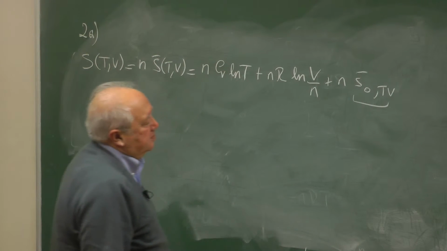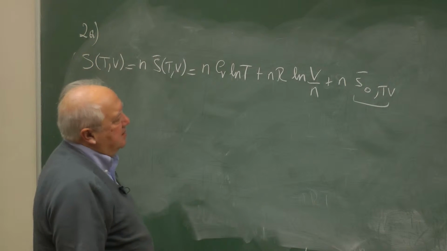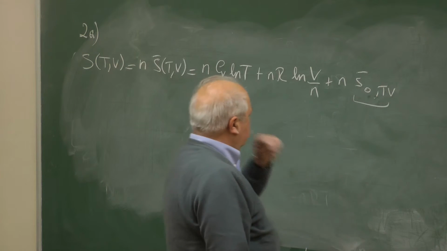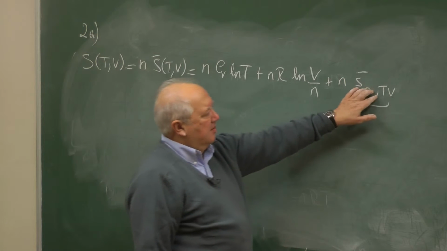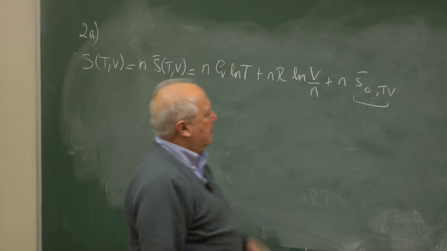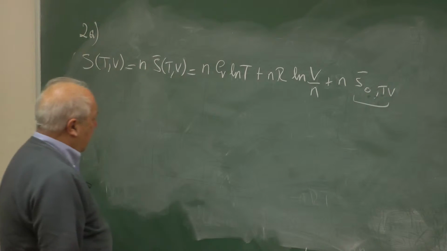And for classical thermodynamics, it's just a constant. And if you are computing entropy differences, most of the time, this will go away. You take the difference, it goes away.